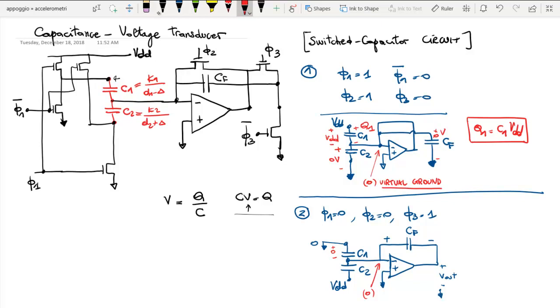And the voltage on C2 is equal to VDD. So if I take the voltage from here to here, this is going to be minus VDD. Because this is 0, this is VDD.